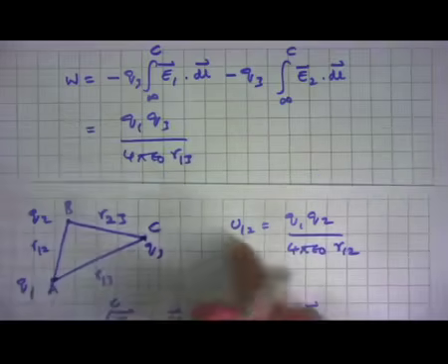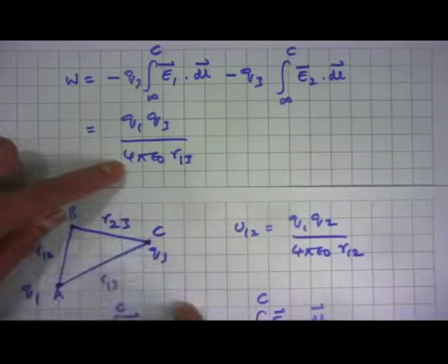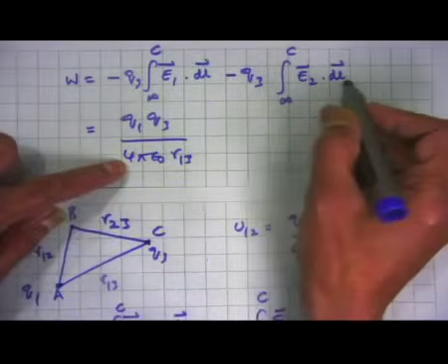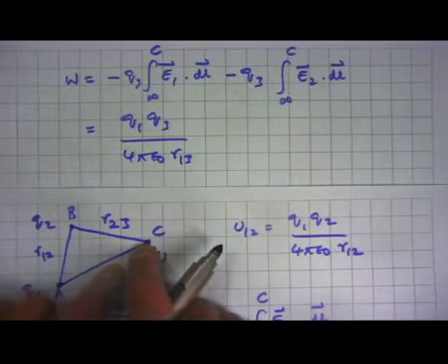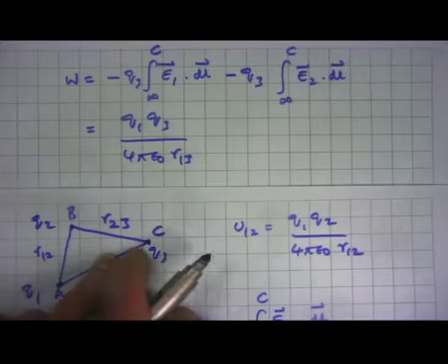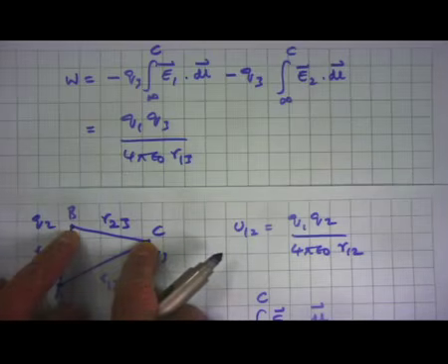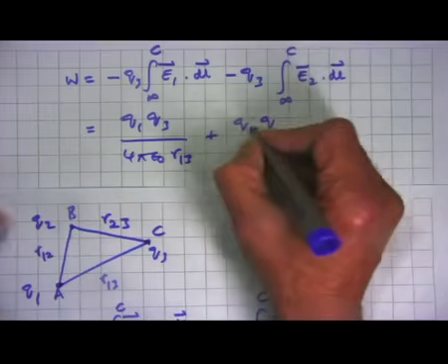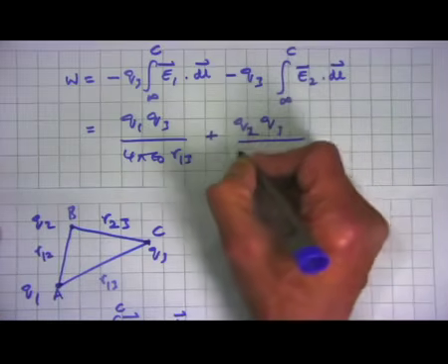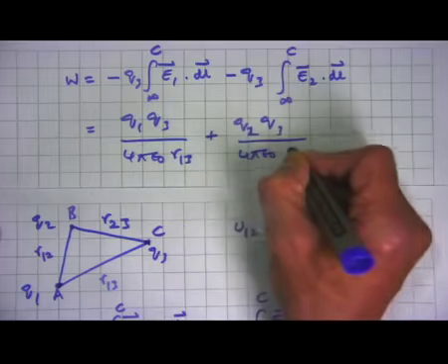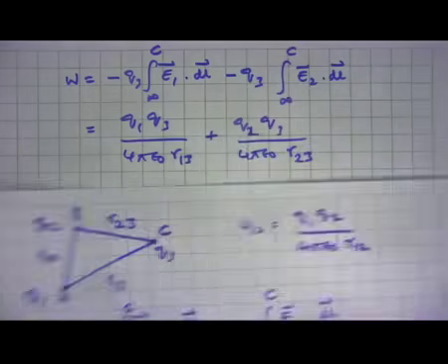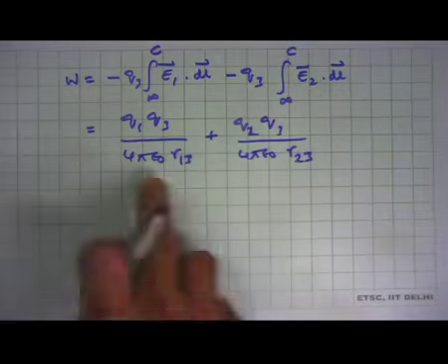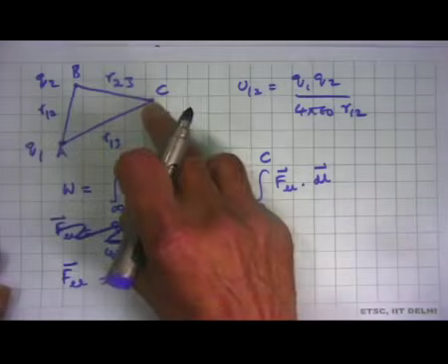So, I get a work done which is q1 q3 by 4 pi epsilon 0 r13. And the other term is nothing but the work done in bringing charge q3 from infinity to this point because of the electric field generated by q2. So, this must be equal to plus q2 q3 by 4 pi epsilon 0 r23. So, this is the work done in bringing q3 to this point.